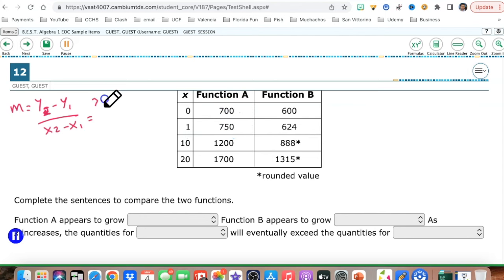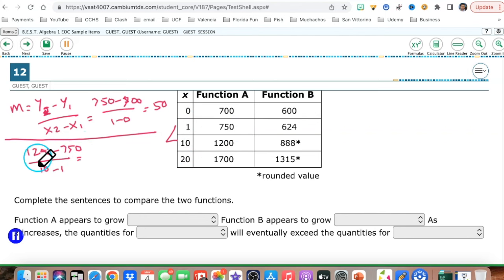So 750 minus 700, I'm sorry, and this is 1 minus 0. 750 minus 700 is 50, divided by 1 is 50. So my slope is 50 using the first two. In order to be linear, my slope has to be constant. All right, so let's do these two for example. x1, y1, x2, y2. So y2 is 1200 minus 750.